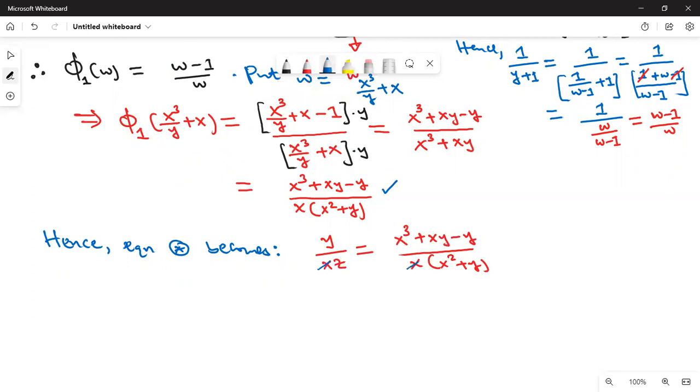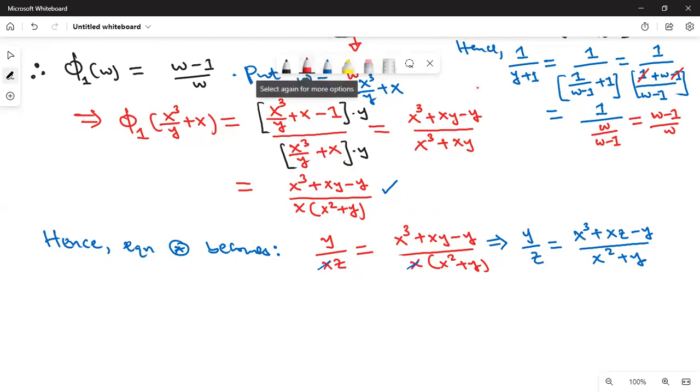So that when you cross multiply, simply this can now be written as y over z is equal to x cubed plus xy minus y over x squared plus y.